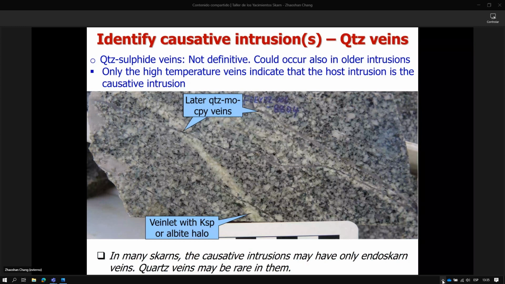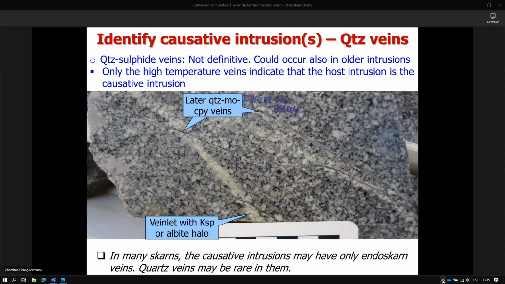So what's the relationship between high temperature porphyry veins and this stage 2 skarn? In the skarn system you will have the skarn and intrusion forming at the same time. You will see we have a pattern like this. We have a skarn intrusion here. That's the example of Antamina, and so that's the exoskarn here.